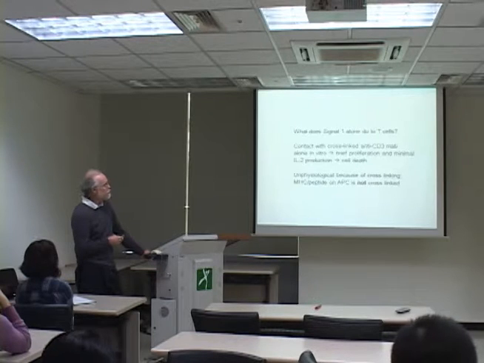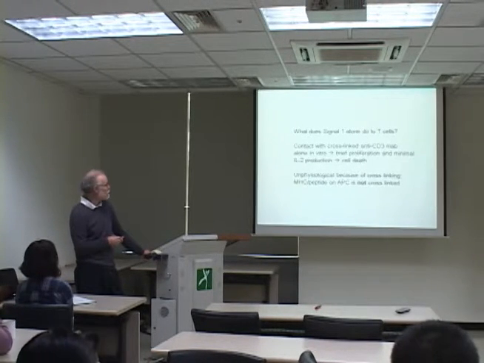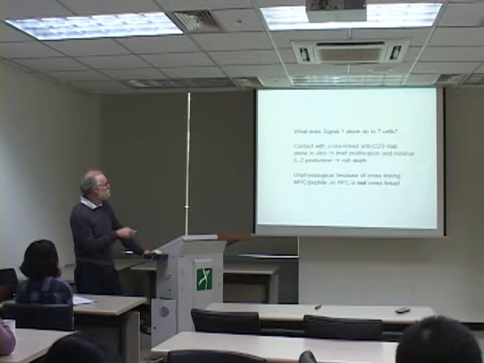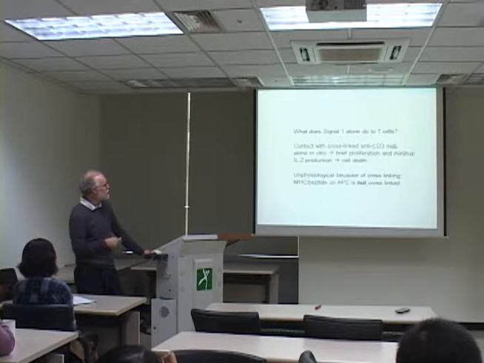But if you think about it, it's not a very physiological provision of signal 1. Because here you're cross-linking CD3 on the surface of the T cell, and that's not what occurs naturally if a T cell sees MHC and peptide alone without co-stimulation.